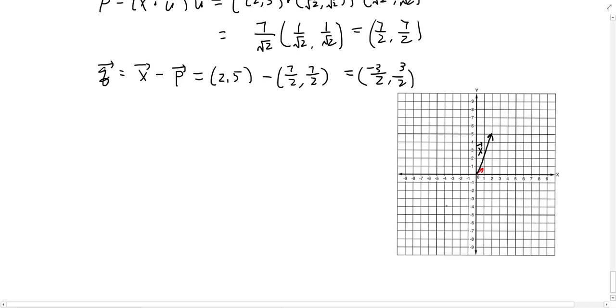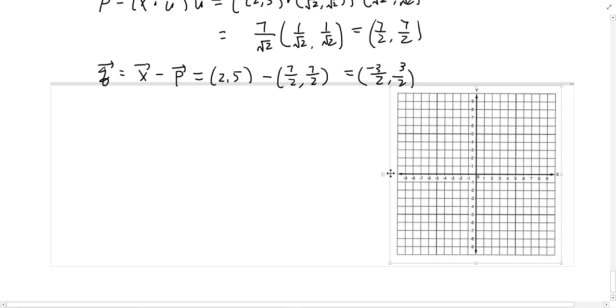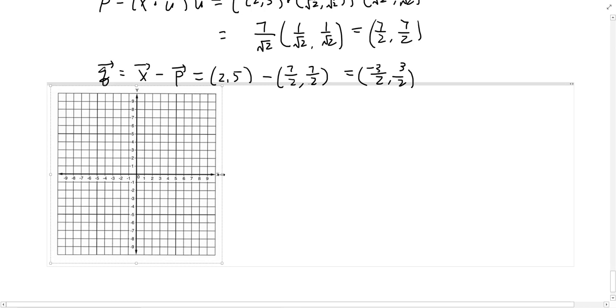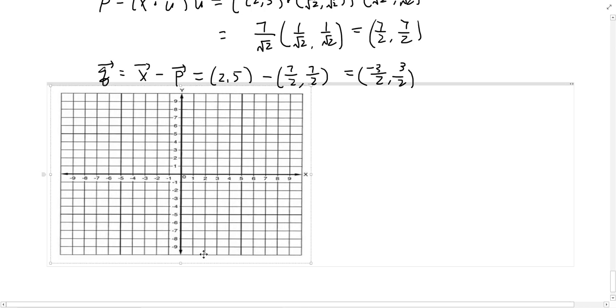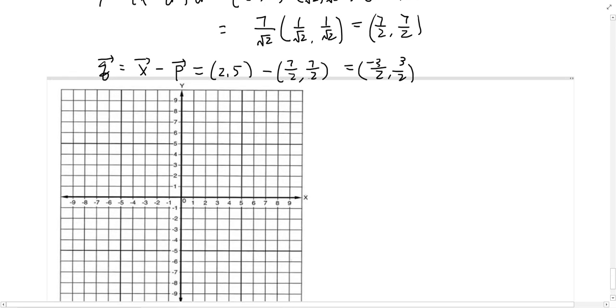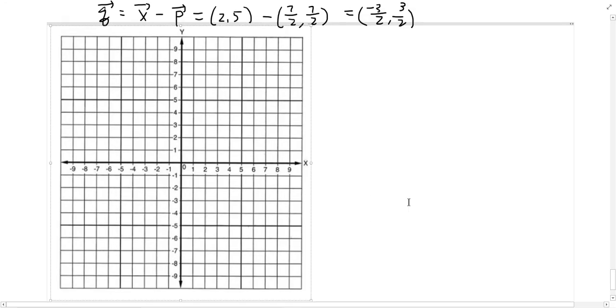Okay, actually, you know what? Let me see if I can do this. Oops. Let's see if I can do this. Oh, yeah, I can. Okay, there you go, much bigger. So maybe easier for me to draw.